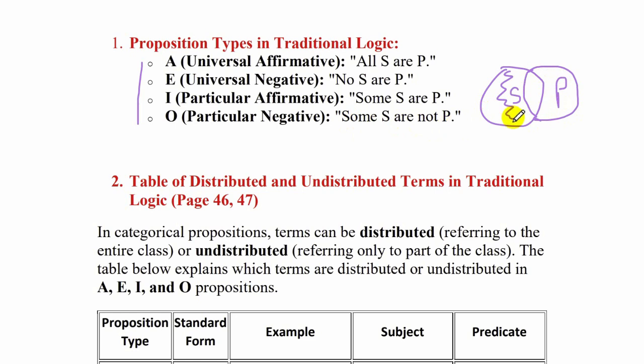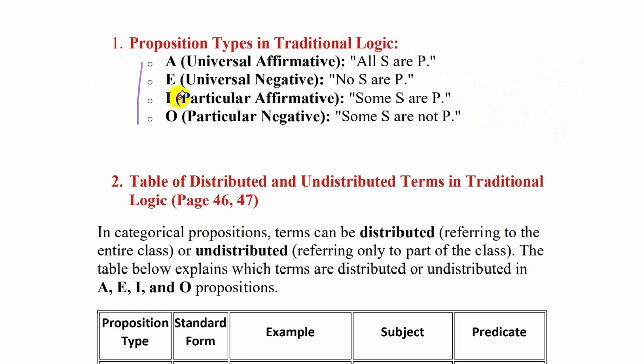If I reverse this, some P are not S, it's not true. Some P are in S. So only the reverse of the E proposition works, and the reverse of the I proposition works. We can say some S are P and some P are S also for the I proposition type.